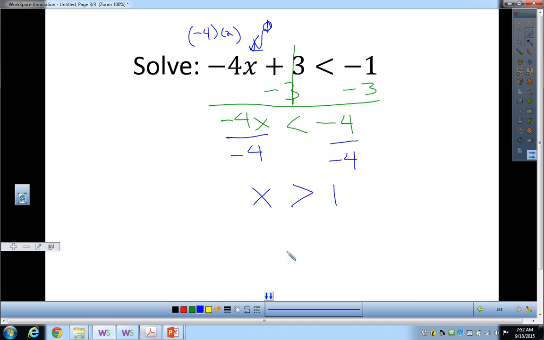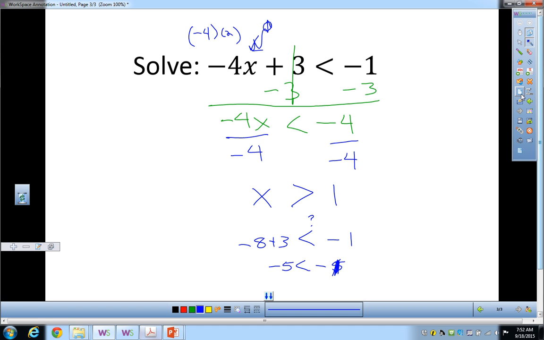That gives you negative 5 is less than negative 1. Is negative 5 less than negative 1? Yes. So that's a trick you have to remember: when you multiply or divide by a negative in an inequality, the sign flips over.